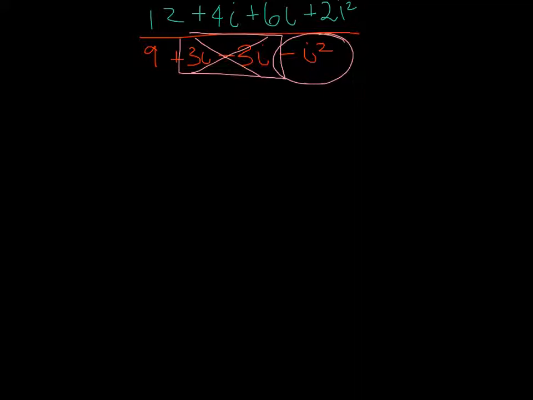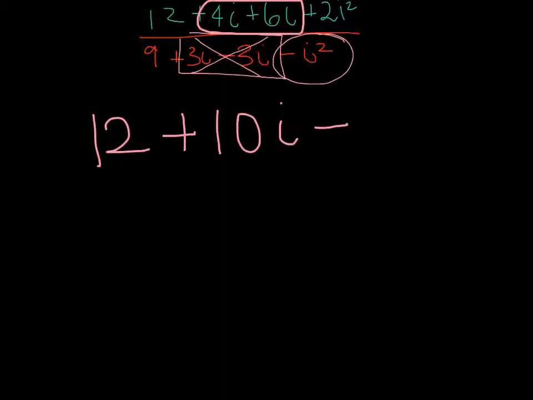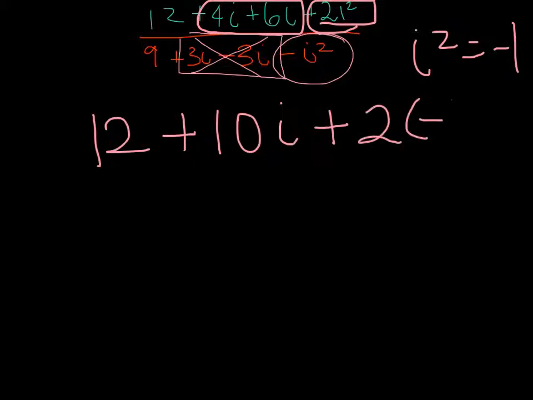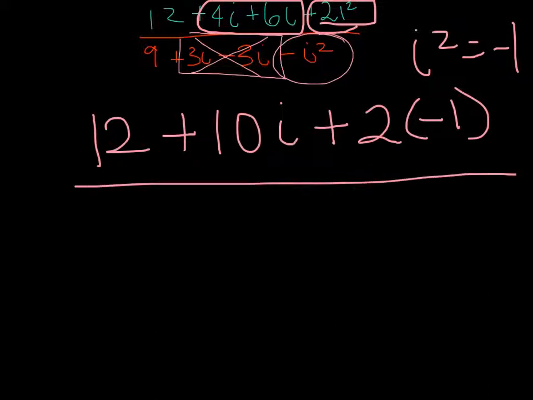So we're going to see it become 12, and we see that we have two matching variables, so we can add those together. So 4 plus 6 is 10i, and then plus 2i squared. As soon as we see an i squared, we recognize it's a -1. So we do 2 times -1. Then we're going to divide that by 9, and we see that the 3i's have already canceled out.